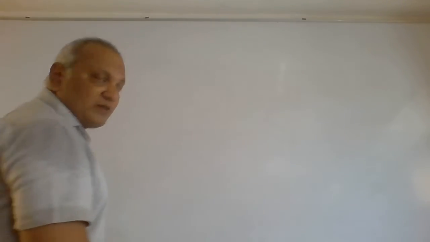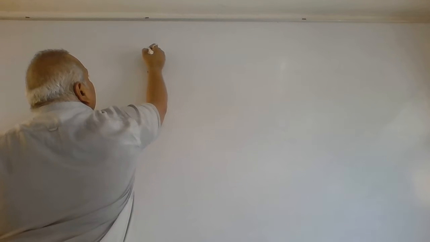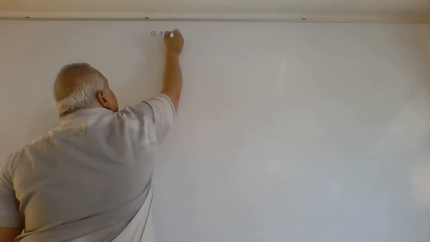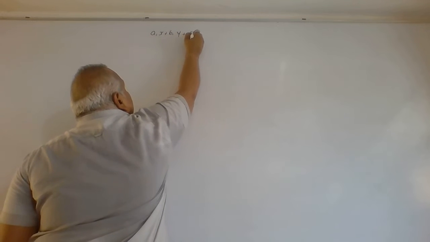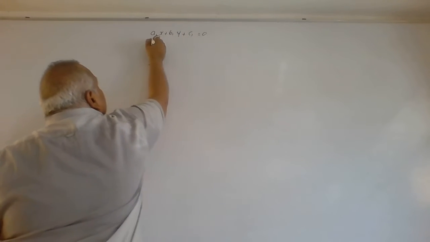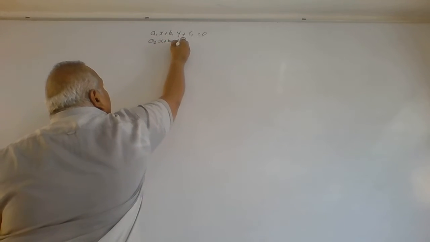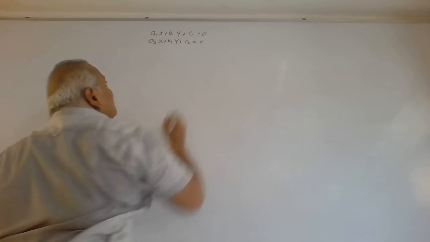So look carefully. First, the standard forms of two linear equations, and concentrate on the board. They are a1x plus b1y plus c1 is equal to 0, a2x plus b2y plus c2 is equal to 0.